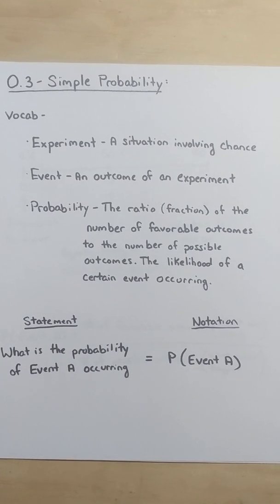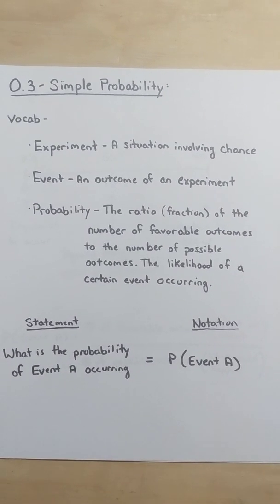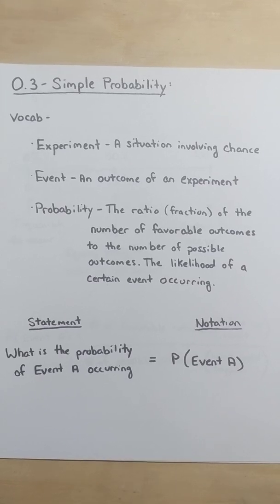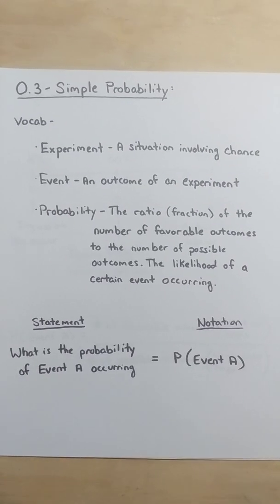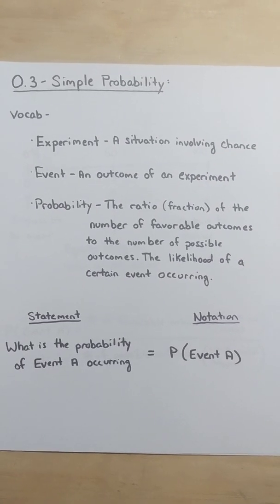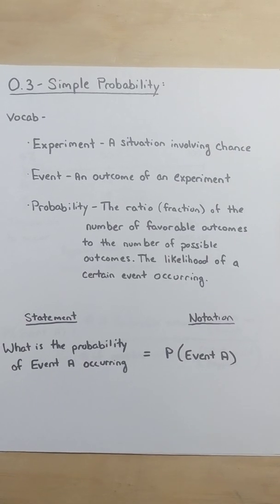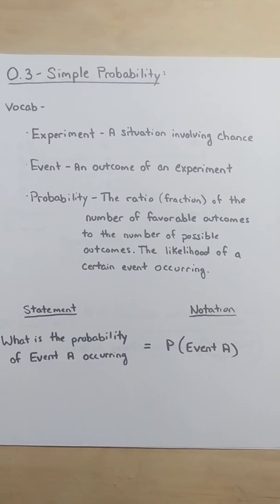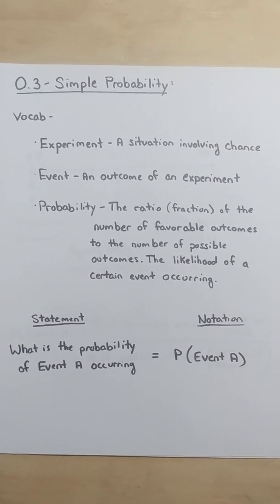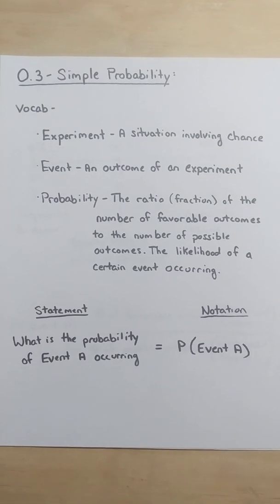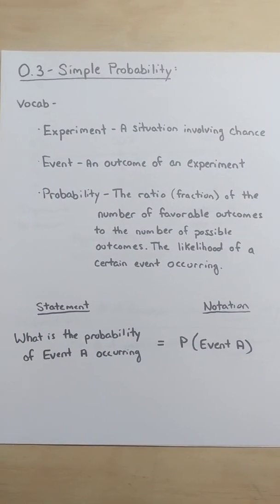So what a probability is, is a fraction, and in the numerator, in the top, it's what we want to happen. And in the denominator, in the bottom, is what could happen. So the probability is the likelihood of a certain event occurring when an experiment happens.